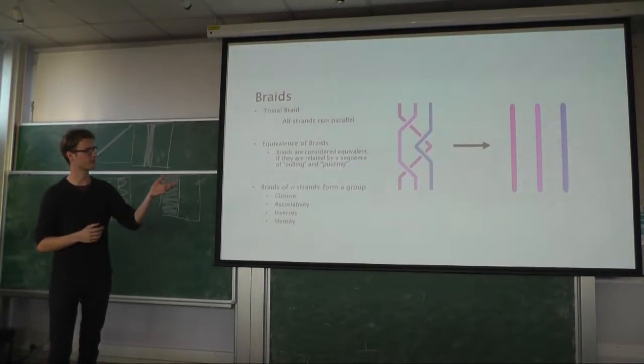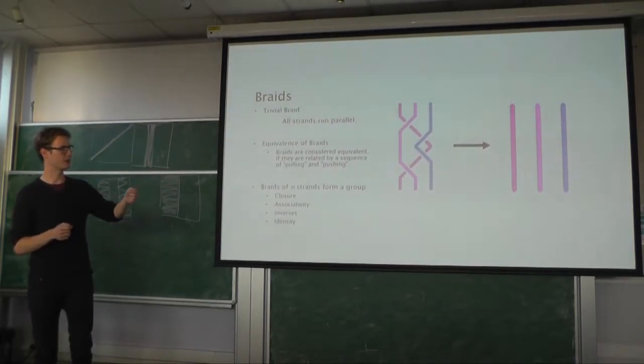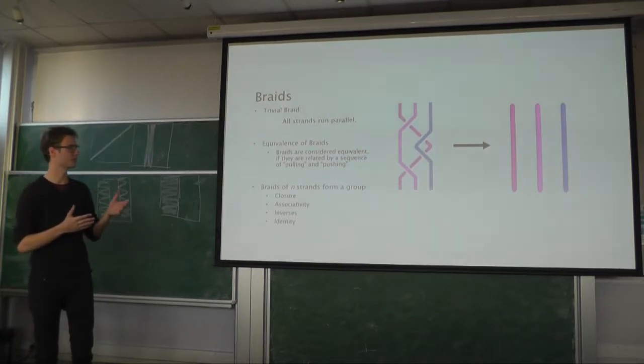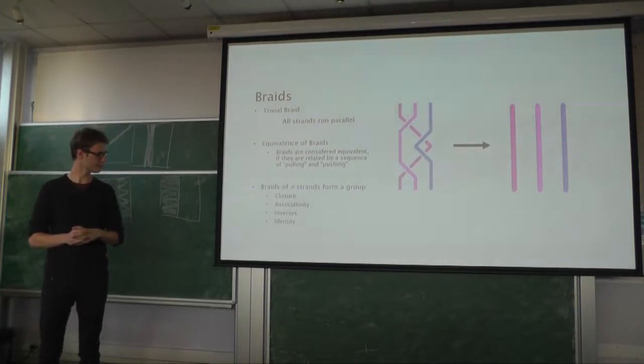So we have equivalent braids if they're related by a sequence of pushing and pulling, and the trivial braid, which is quite important, is the one where all the strands run parallel.